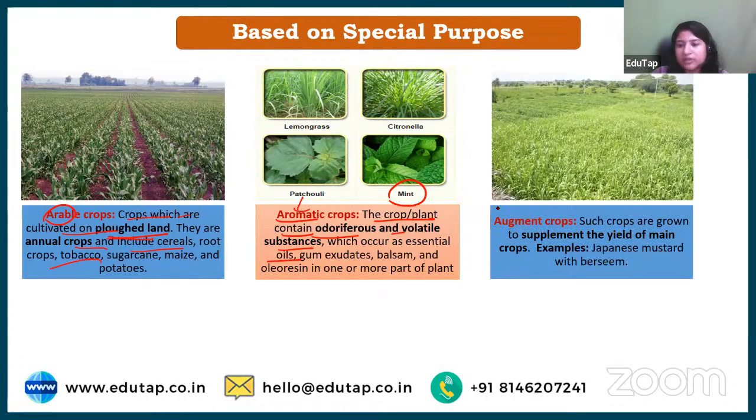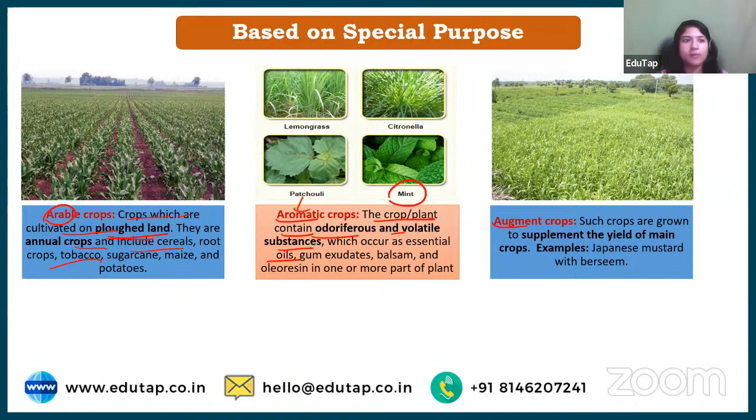Next, we have augment crops. Basically, such crops are grown to supplement the main crop. What does it mean? For example, Japanese mustard, you have grown that. Berseem can be utilized to increase the volume of the produce that has been grown in the field. That is called augment.